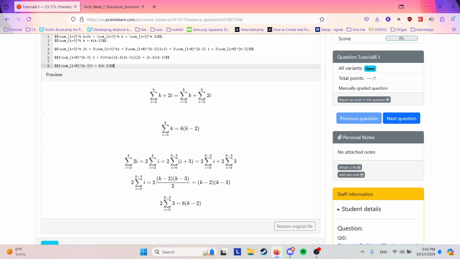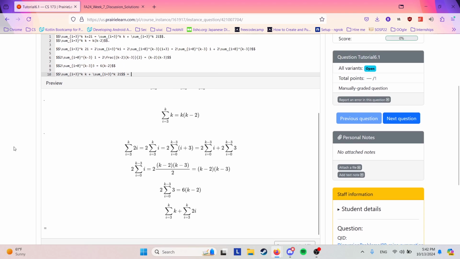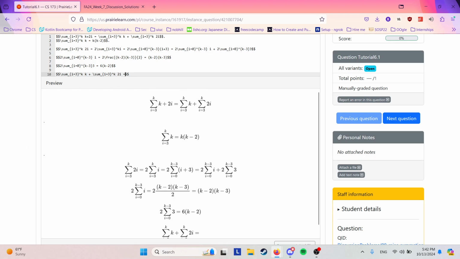Now going back to our original summation, originally we wanted to sum these two summations up. We'll copy paste this down again, and then use the closed forms that we got for both of those parts. So this is equal to, the first part, the left side, k times k minus 2.